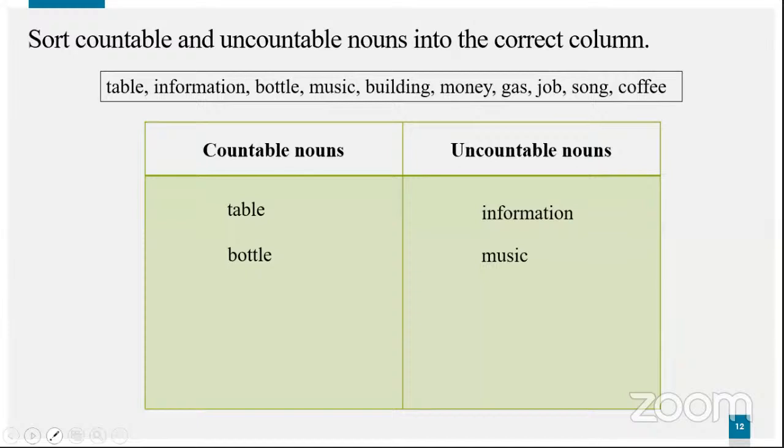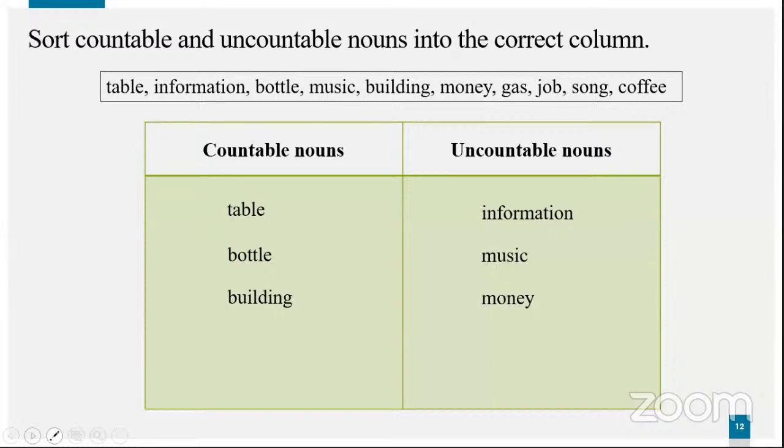Next word, building, right? We can count buildings, one building, two buildings, like that. So it's a countable noun. Next word, money, right? We can't count it. We can't count money. So we can put it into the uncountable section, uncountable part.